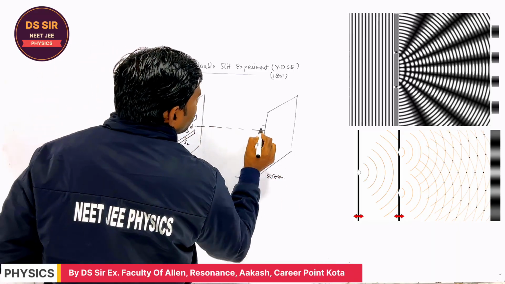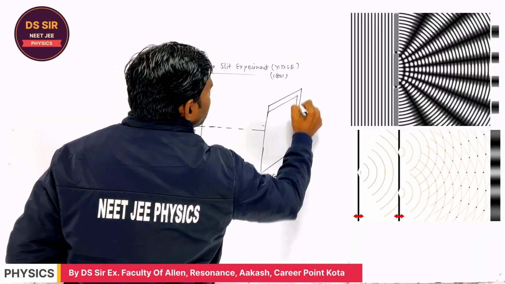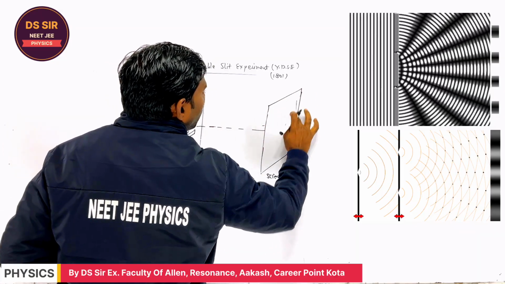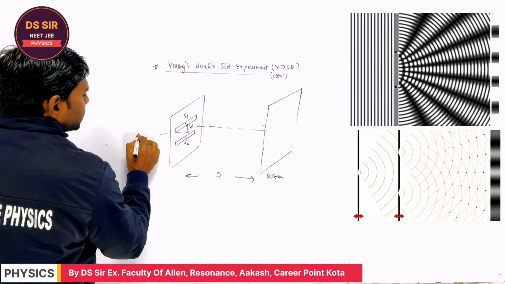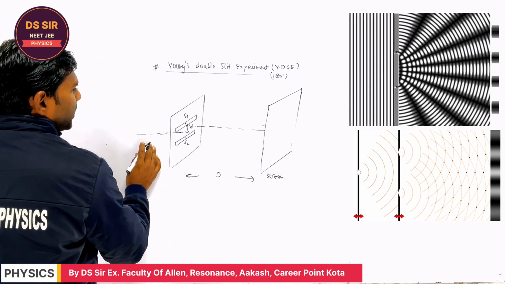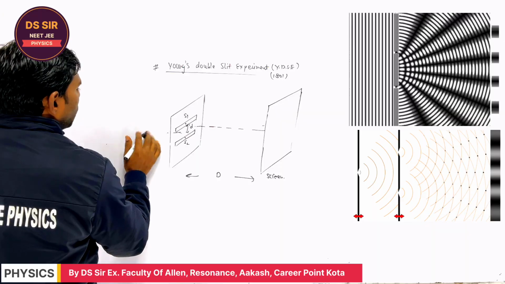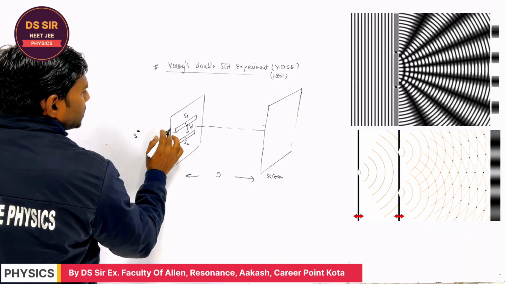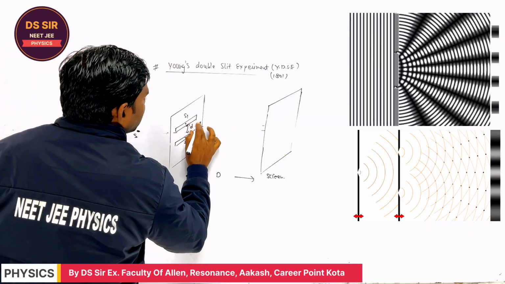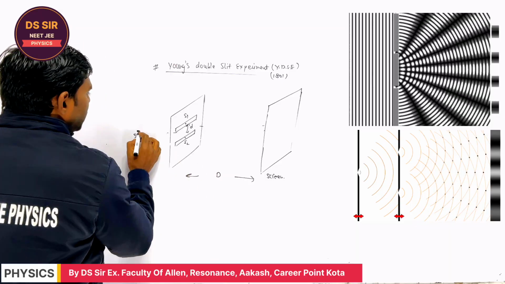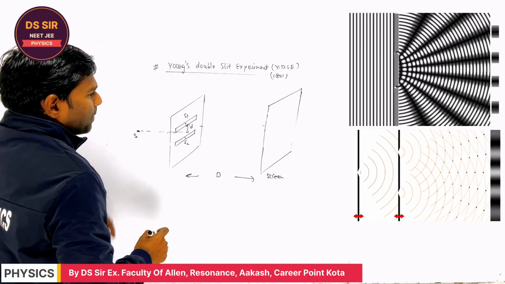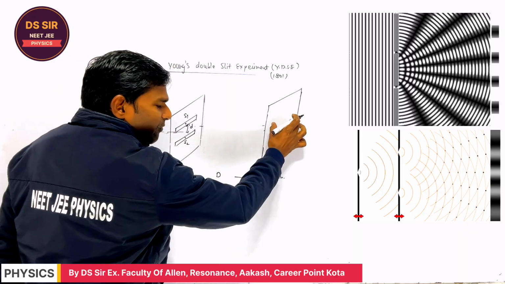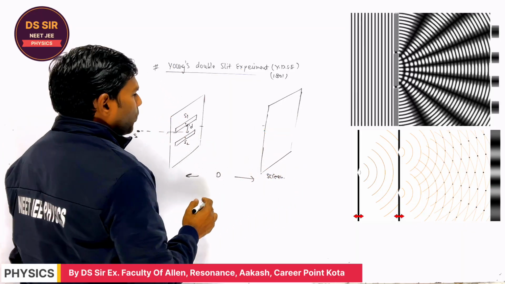So what did they find? When a source of light S is placed just in between the slits, a very beautiful fringe pattern is obtained.